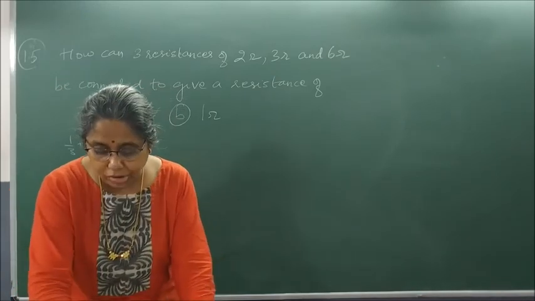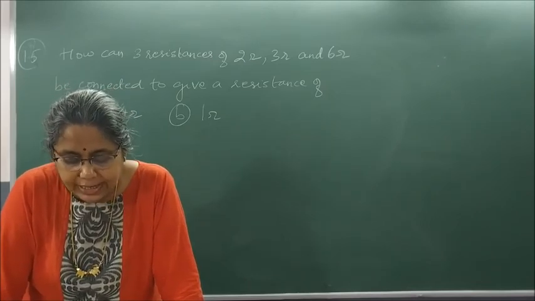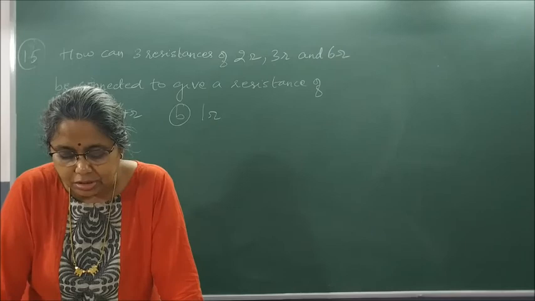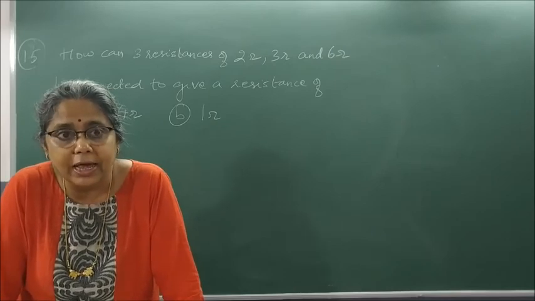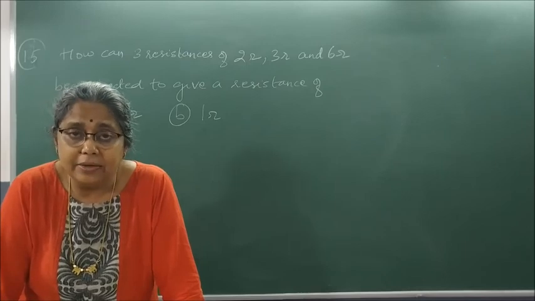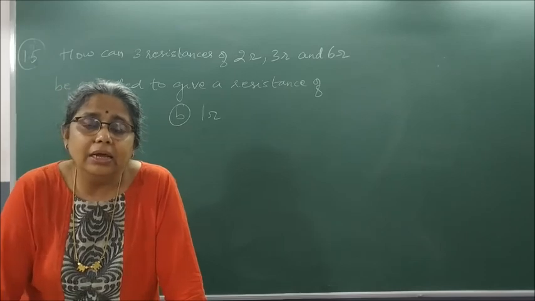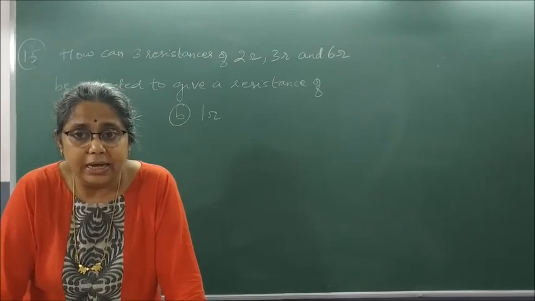Most of it I have done and it is there in your notes. Why is tungsten used almost exclusively for the filament of electric lamps? Because tungsten is a metal which has a high melting point of 3380 degrees centigrade. It does not oxidize at high temperature.